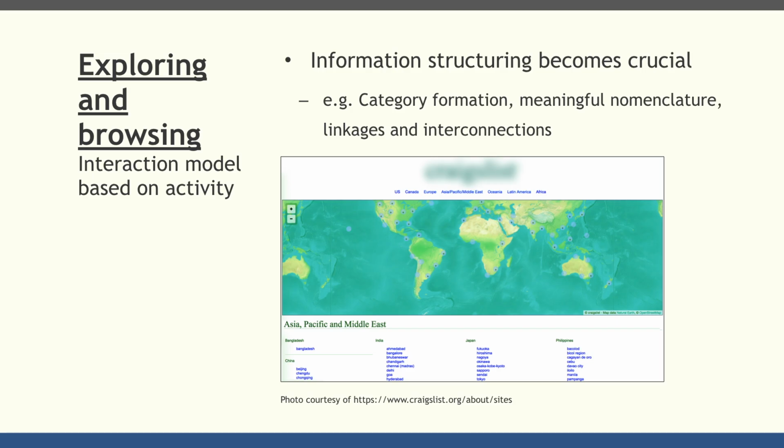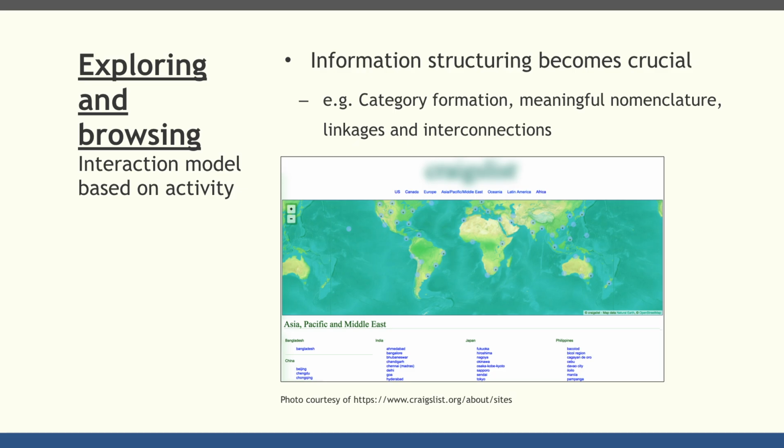And when there is a lot of information, it becomes necessary to start categorizing that information. So there is a lot of emphasis which has to be paid while designing interactions in this interaction model. As you can see on your screen, there are several of these information portals and directories where there is an explicit mention of categories of different content types. And then it becomes easier for the users to find a specific information of interest.